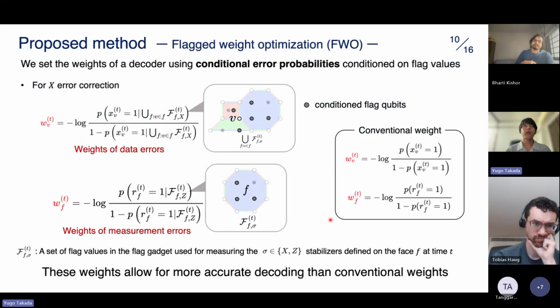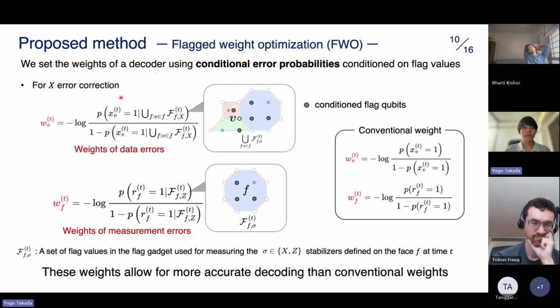Then I will explain how to use the flag information for weight optimization, which is the main part of my proposed method. We here call it flag weight optimization, FWO. In this work, we set the weight of a decoder using conditional error probabilities conditioned on flag values.